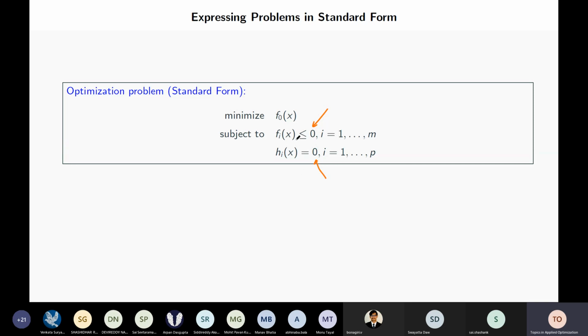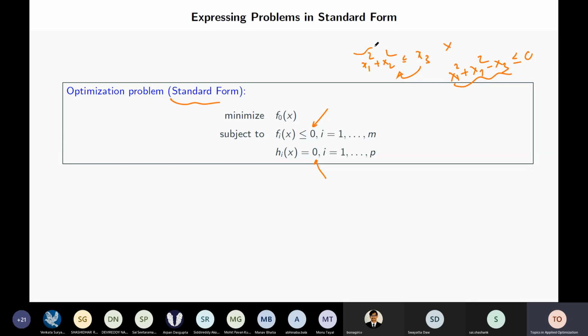In other words, your inequality constraint cannot be like this: x1 square plus x2 square is less than equal to x3. No, this is not correct. You cannot put such constraints in when you talk about standard form. In standard form, you have to move this guy here. So now it will be x1 square plus x2 square minus x3 is less than equal to 0. Now it is in standard form.